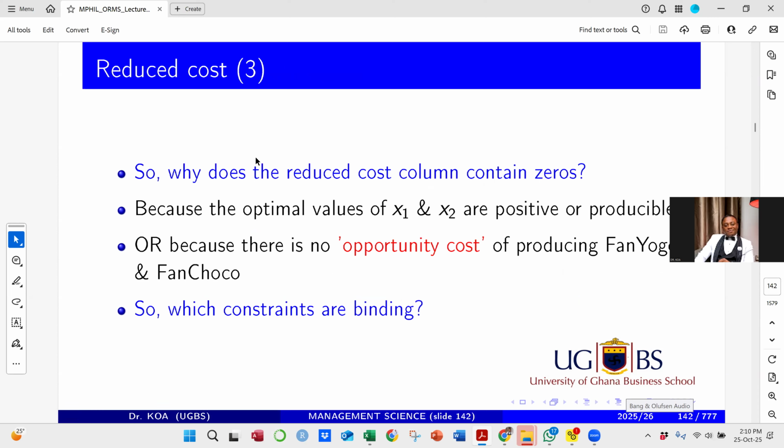Which constraints are binding? When is a constraint said to be binding? There are 3 things that make a constraint said to be binding. 1. A constraint is said to be binding when the left-hand side equals the right-hand side, meaning what they use is actually equal to what was available.